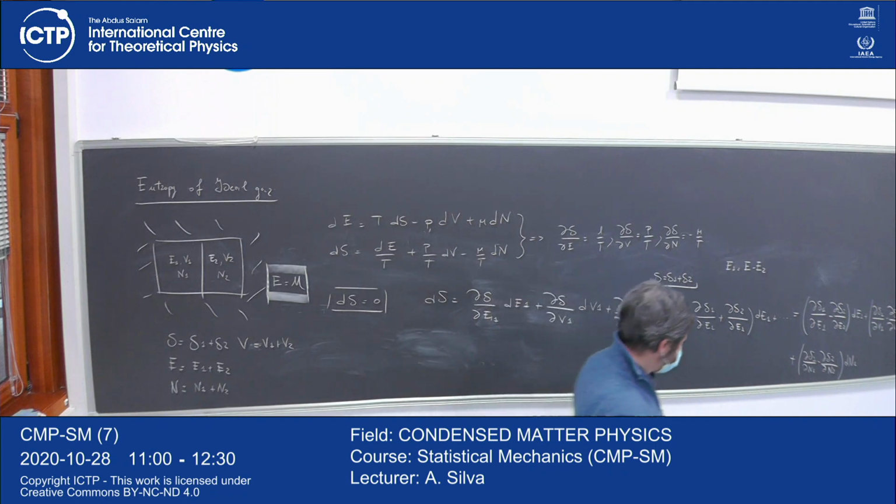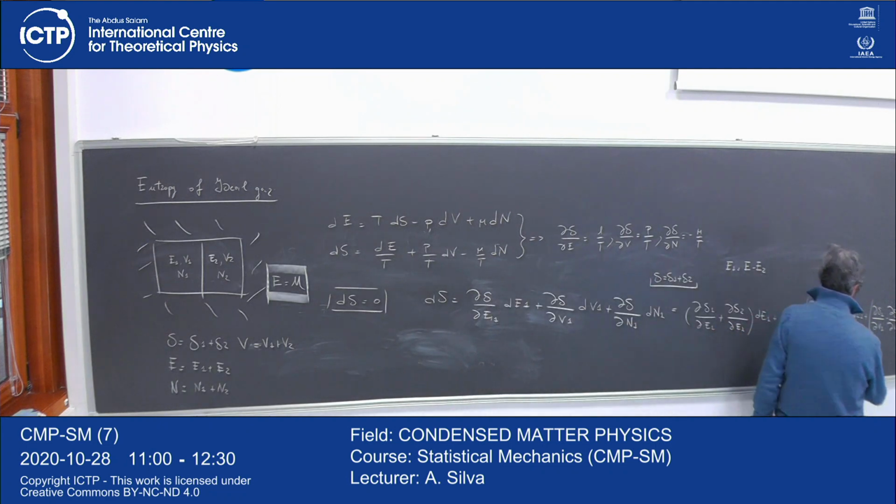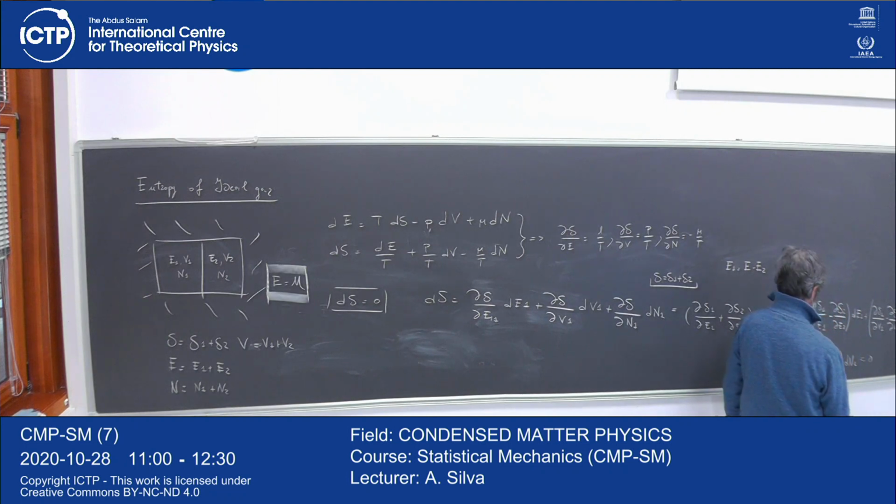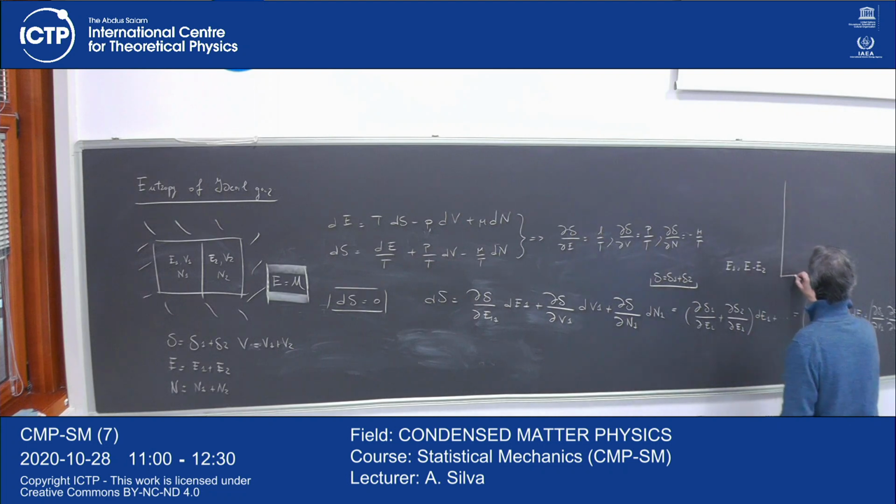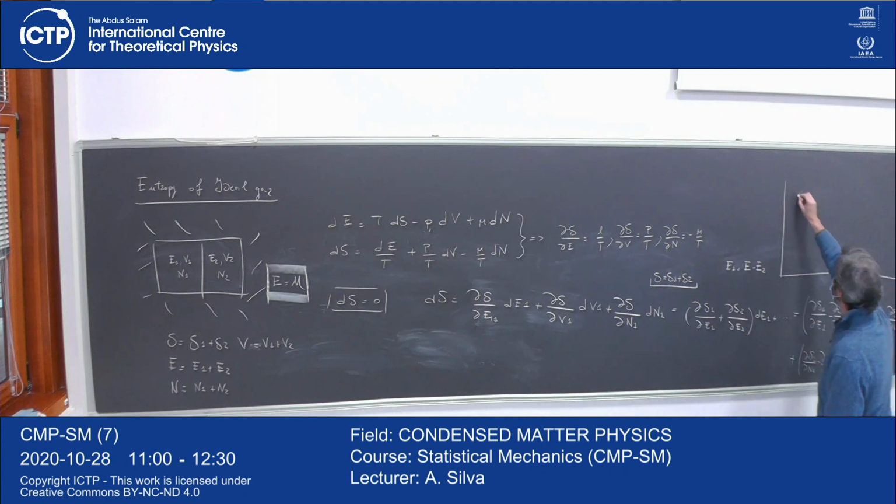And to set this equal to 0 means that all these differences have to be equal to 0. So overall, it means that dS1/dE1 should be equal to dS2/dE2.